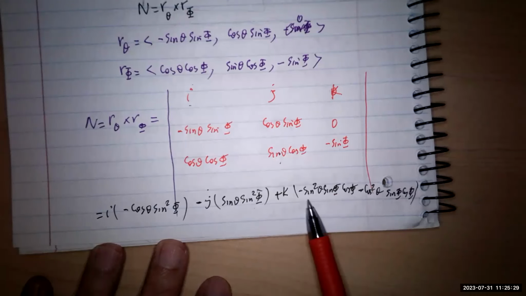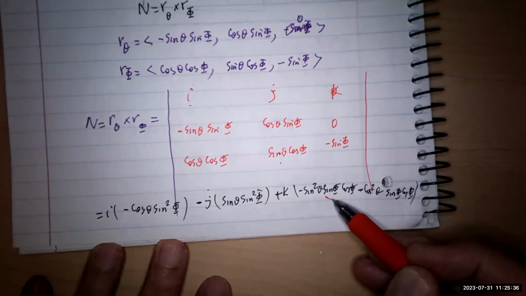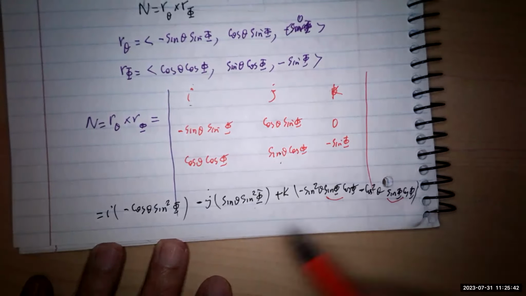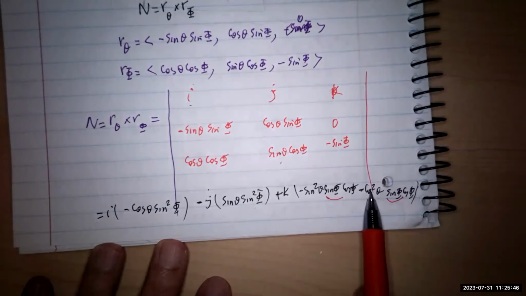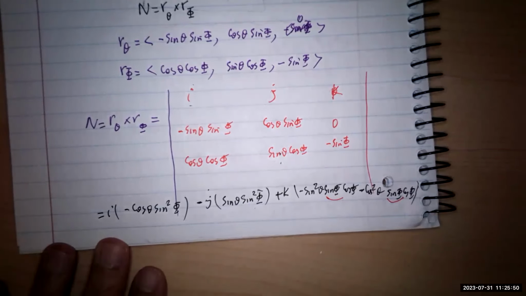You get negative sine squared, cosine squared. If you factor out this part, the leftover would be 1, since sine squared plus cosine squared is 1. So the leftover is going to be just k sine of phi.